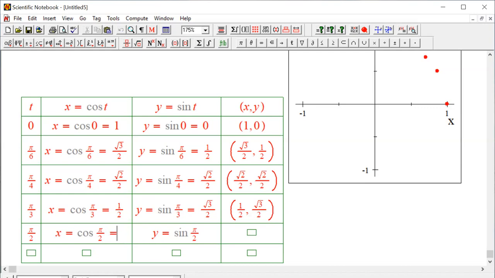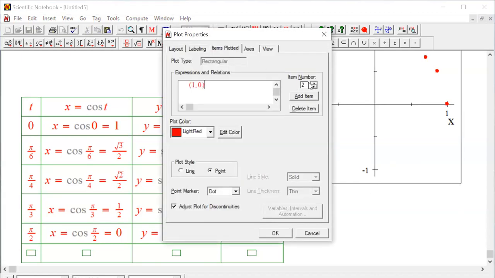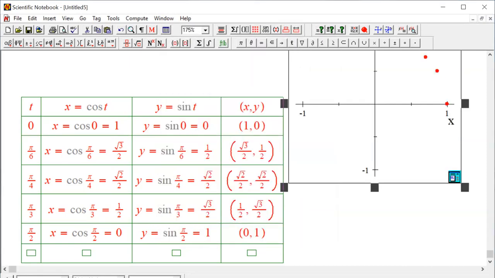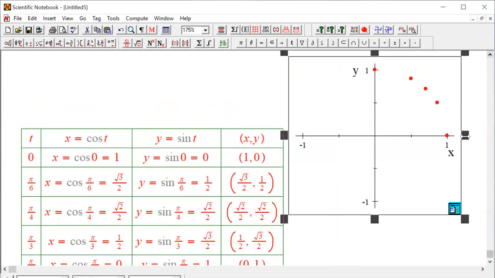So cosine equals 0 and sine equals 1. So the next point is 0, 1. There. Yeah, you can see half circle and the trajectory.